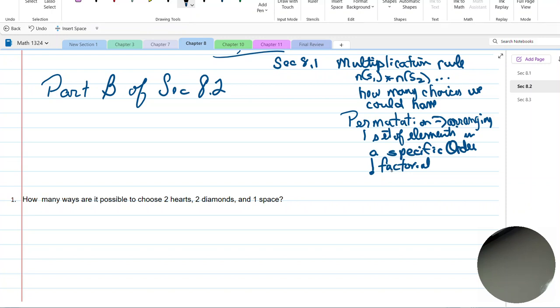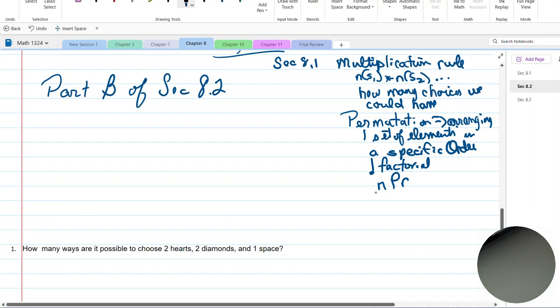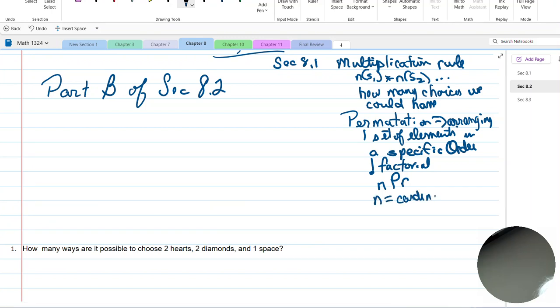And we used the calculator to construct NPR. Now remember, N is the cardinal number of the set. That means the whole count. And R is the size of grouping of elements to be placed in an order.